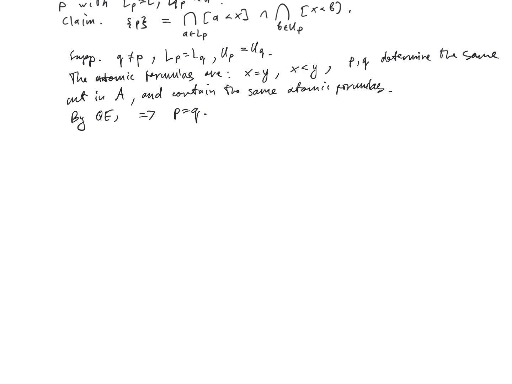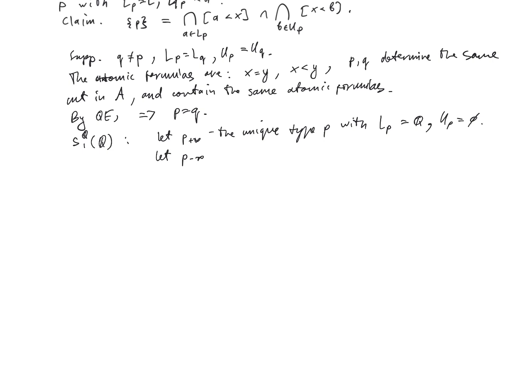Using this identification between complete types and cuts, we can give a complete description of all one types over Q in the model of the DLO with Q with the base set Q. Namely, we can define P plus infinity to be the unique type P with LP equal to the whole set Q and UP equal to the empty set.